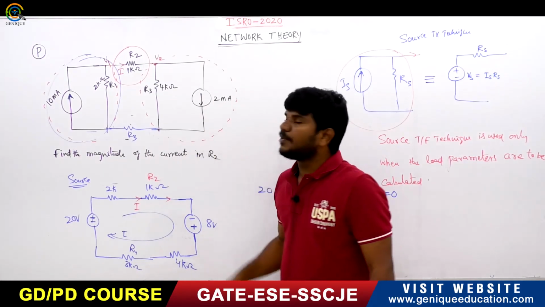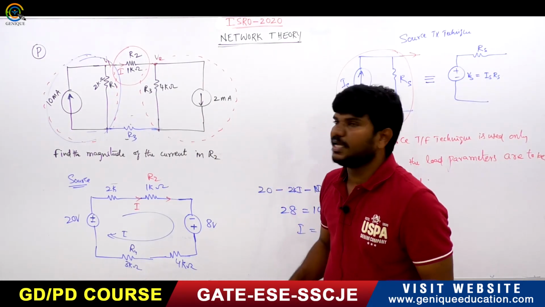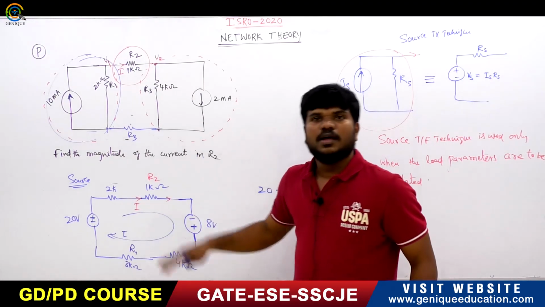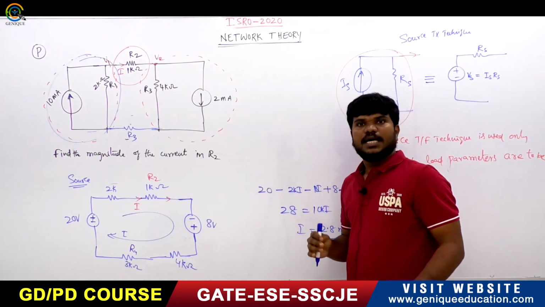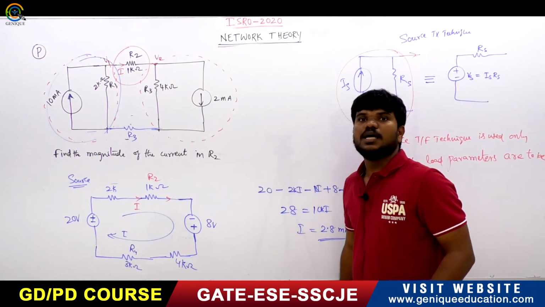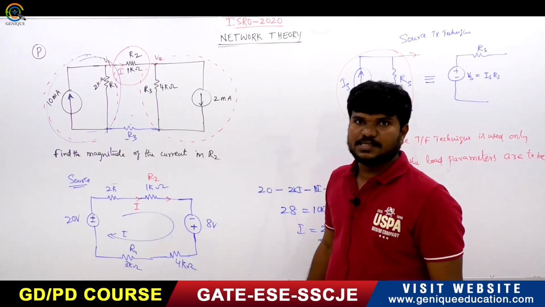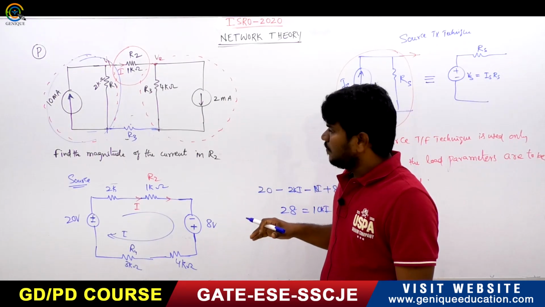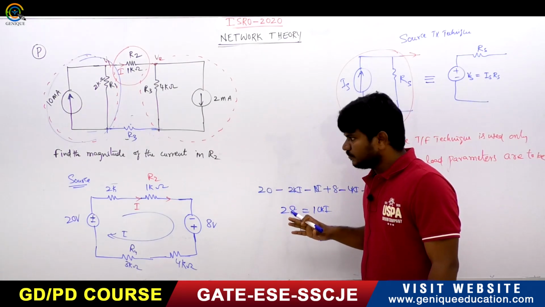So whenever there is a resistor in the bottom line of the network, it is better not to go with the nodal analysis or KCL. So you think of something else, and definitely you will get the answer.